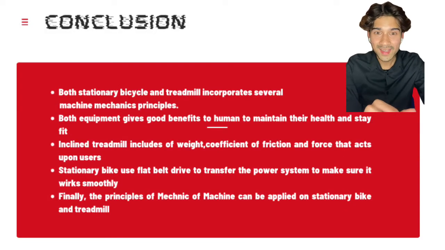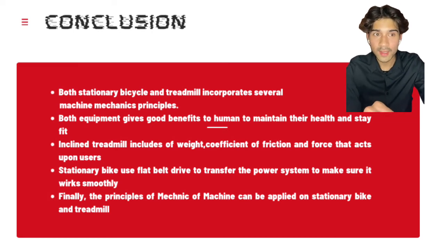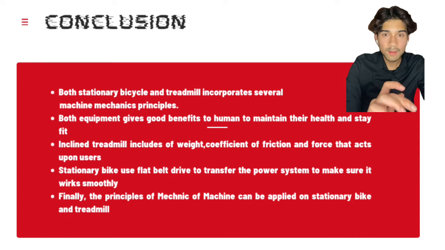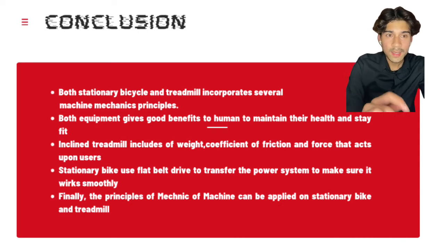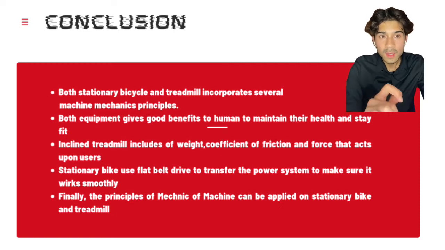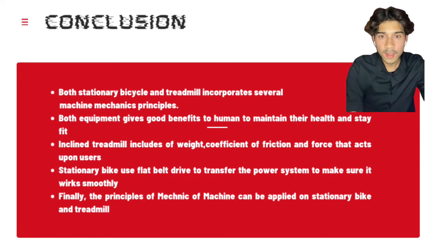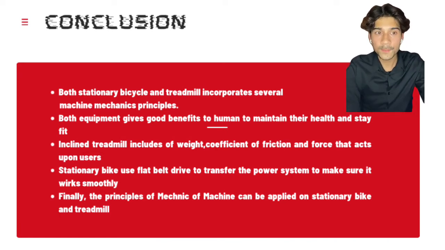It's me again. Now I'll make the conclusion for this overall group project. Both the stationary bike and the treadmill incorporate several mechanics of machine principles. Both equipment give very good benefits to humans in order to maintain their health and stay fit every day.